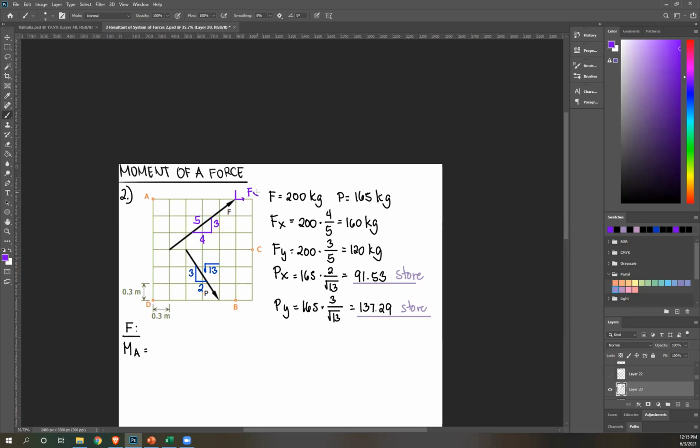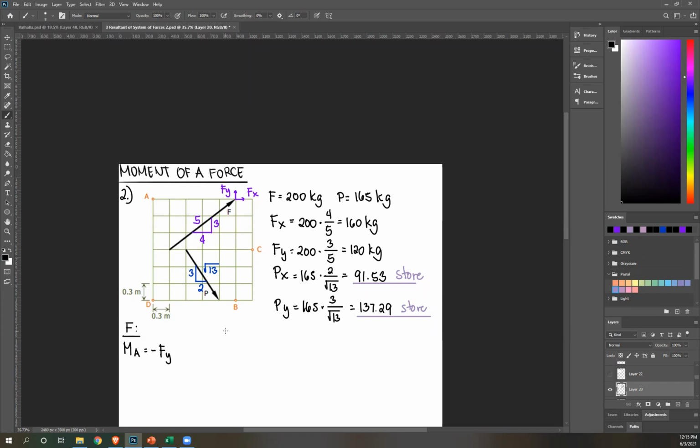So this is your Fx and Fy. Remember, you can place your components anywhere along its line of action. I place it here because Fx passes through A. So that means I can just ignore that. Right? So we're left with Fy. Now check if Fy is clockwise or counterclockwise. Rotate it about A. As you can see, that's counterclockwise. So that's negative Fy.